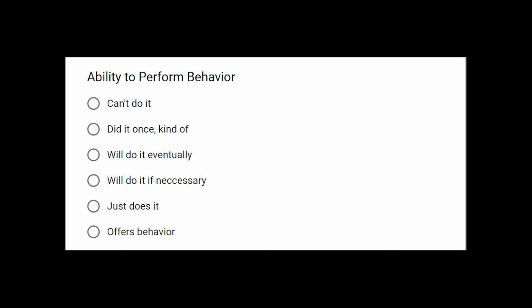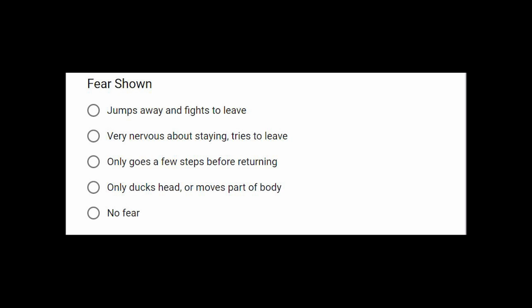We might ask the actual ability of the animal to perform the behavior, especially when we're talking something that requires some kind of muscle conditioning. Fear shown. We might just keep track of how much fear the animal is expressing. Is it tense?